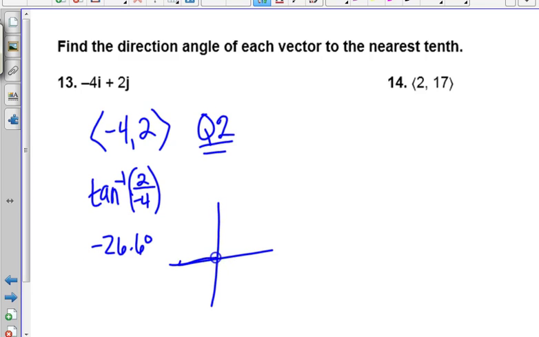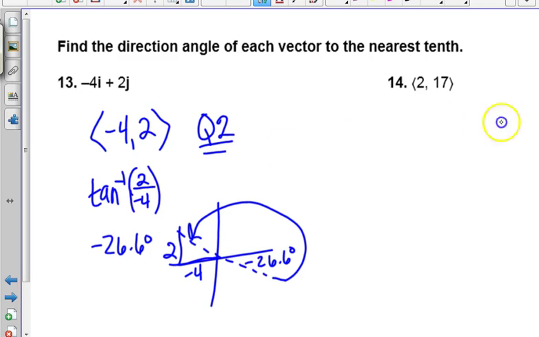Because going left 4 and up 2, okay, it thinks you're down here. And we really want to be over here. So what's the angle with the x-axis? This angle in here is 26.6 in the triangle. But I always want an angle with the x-axis, so I just add 180. And anybody get an answer?